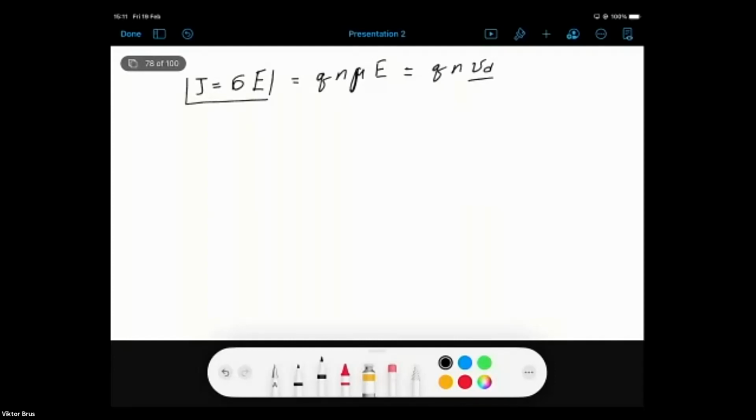So this product of mu times E is actually drift velocity. And this mu is the so-called mobility of charge carriers.